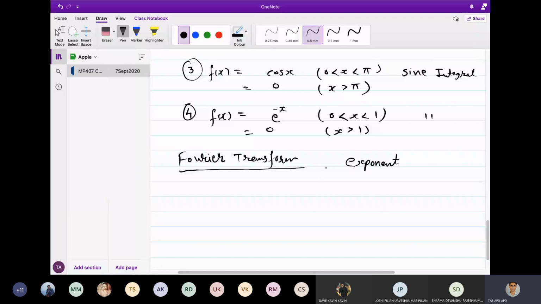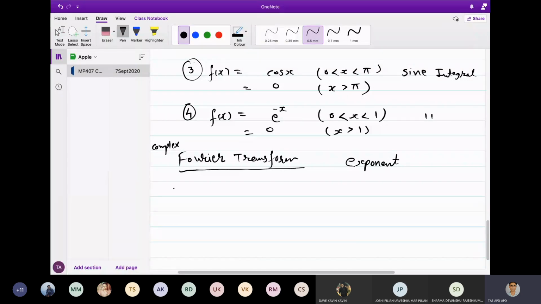Combining both sine and cosine in the form of an exponent will actually give you the Fourier transform. For this, we first look at the Fourier cosine transform and Fourier sine transform, and then we look at the Fourier transform. It is also called the complex Fourier transform.